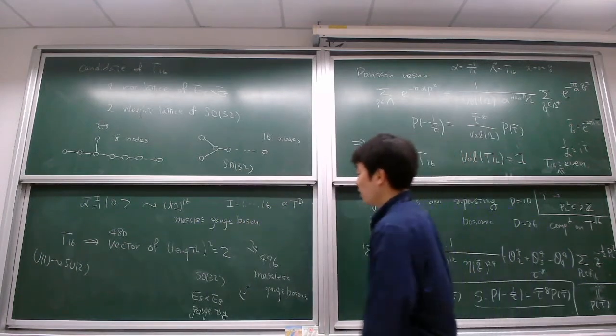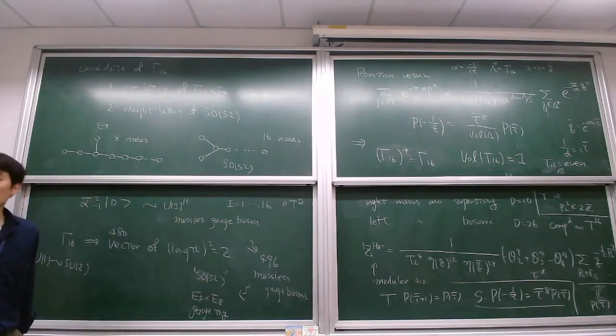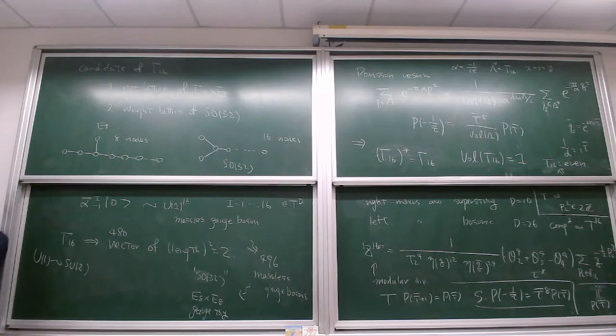So SO(32), you already encountered in type I theory. We already saw that to get tadpole cancellation, you need to insert 32 D9 branes plus an O9 minus plane for type I theory.